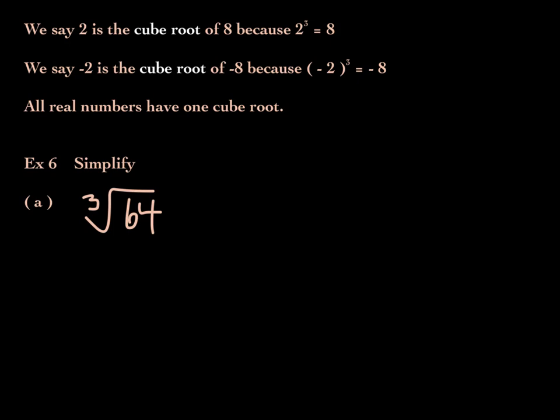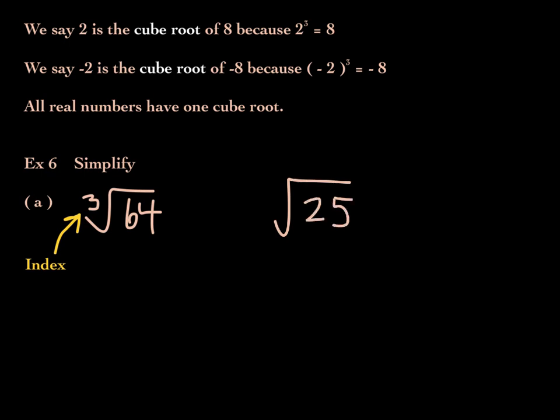All right, a little bit more terminology here, folks. This 3 right here, that's nestled in here, is called the index. And of course, this is still the radical, and 64 is the radicand. But earlier when we had something like this, I just want to say, the index was there.